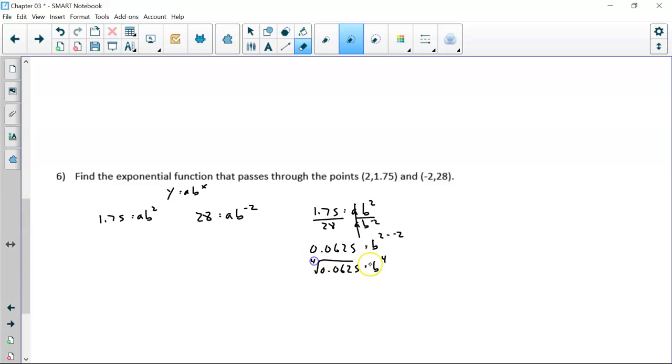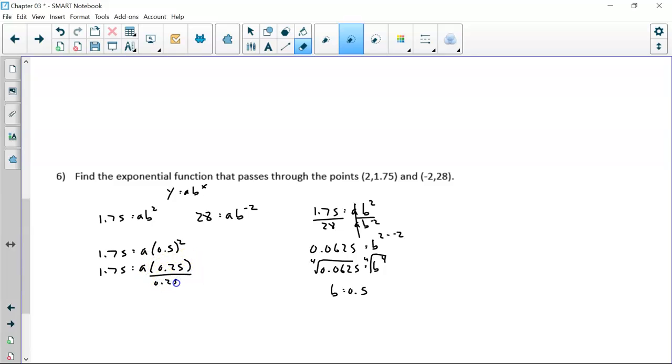So we're going to take the fourth root of both sides, and you're going to get b equals 0.5. Now we're going to find a. So 1.75 equals a times 0.5 squared. 1.75 equals a times 0.25.